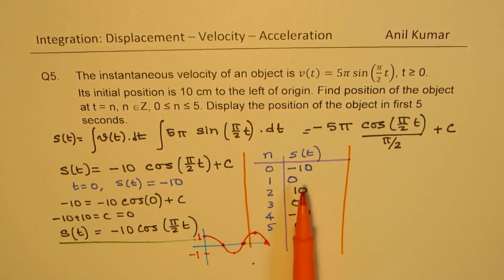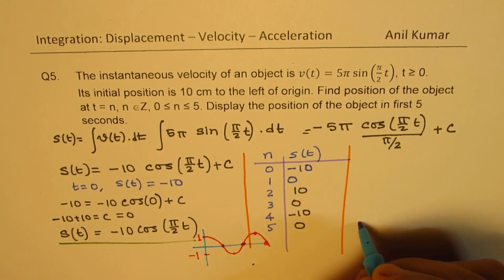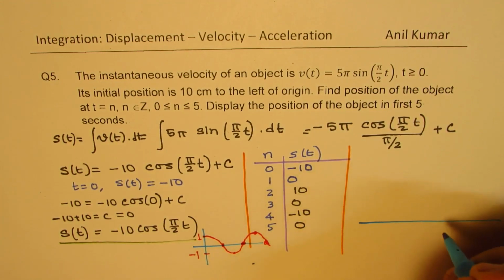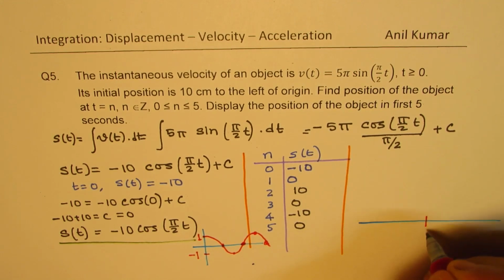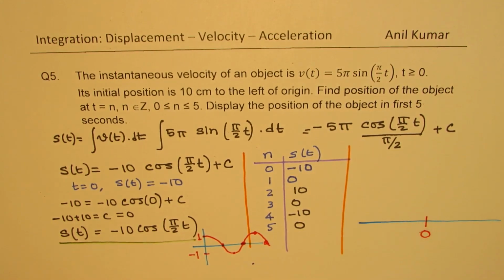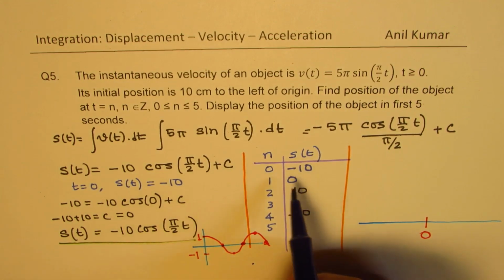So you can see that it moves from minus 10 to 0 to 10 like this, right? So to display it, we could do it like this. Let us say that this is our 0 here. Now since this is 0, we are beginning from minus 10, right? So it starts from minus 10.